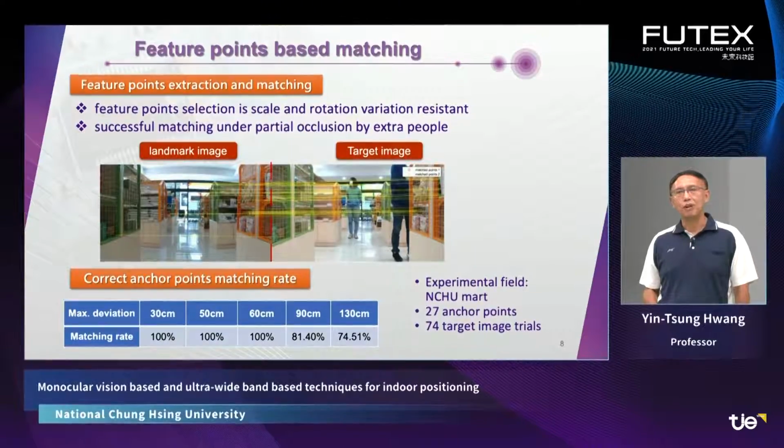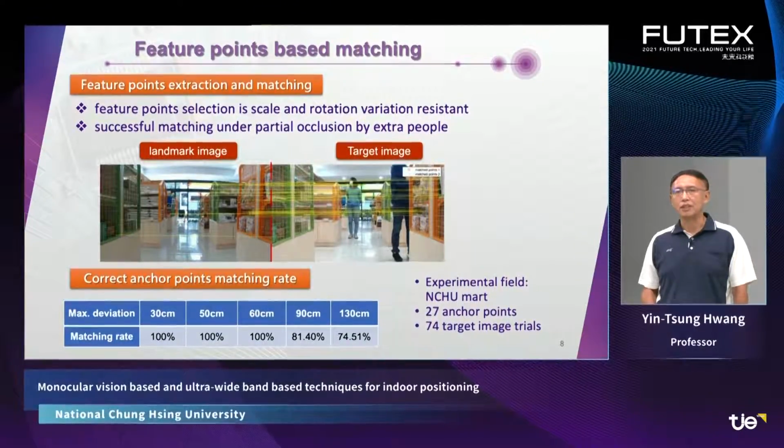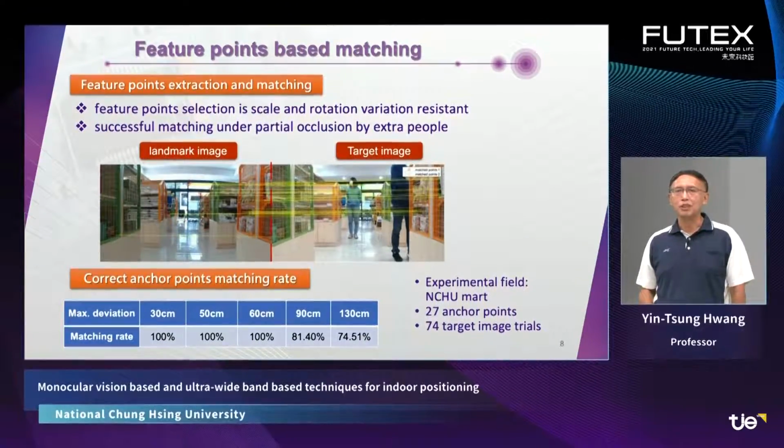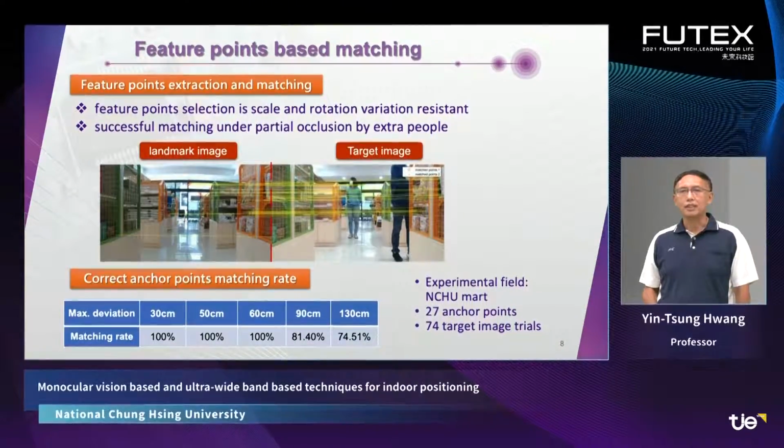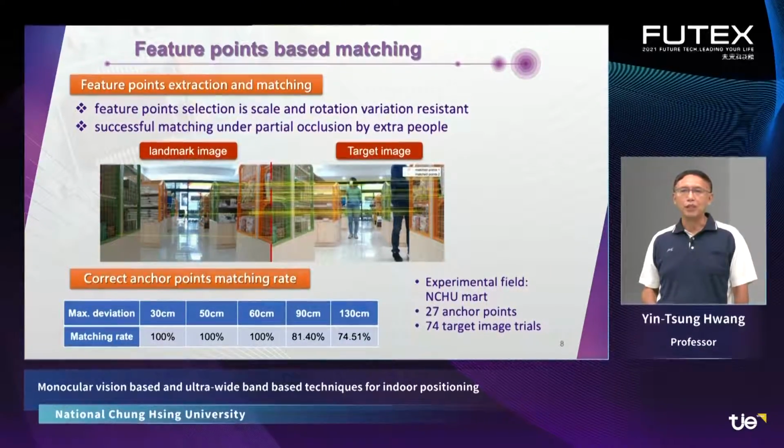This table summarizes the results of 74 target image trials. If the displacement between the current position and the nearest anchor point is less than 60 centimeters, the matching is basically error-free. As the displacement increases, the correct matching rate degrades.